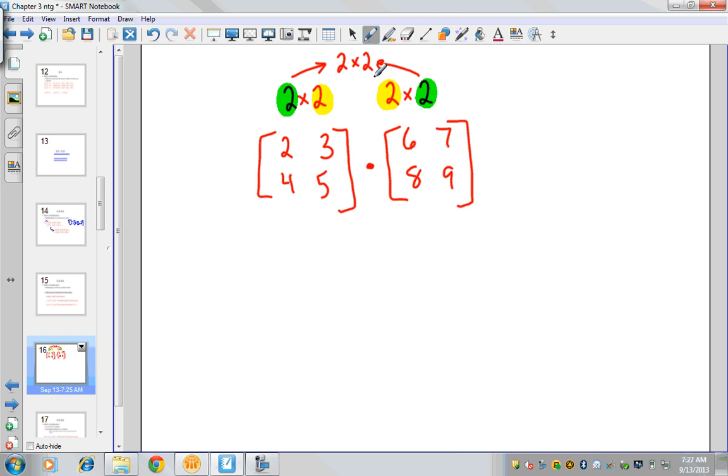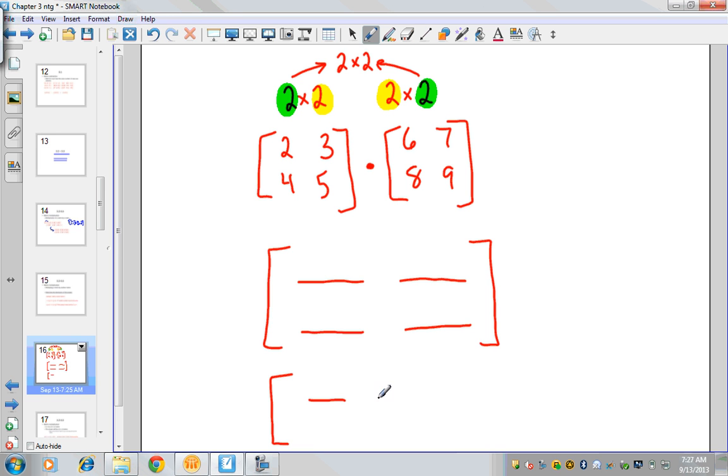This is a step that I like to use just to help students see this. I know that my answer is going to be a 2 by 2 matrix, so I'm going to go ahead and put in all the blanks here. My answer will be down here.